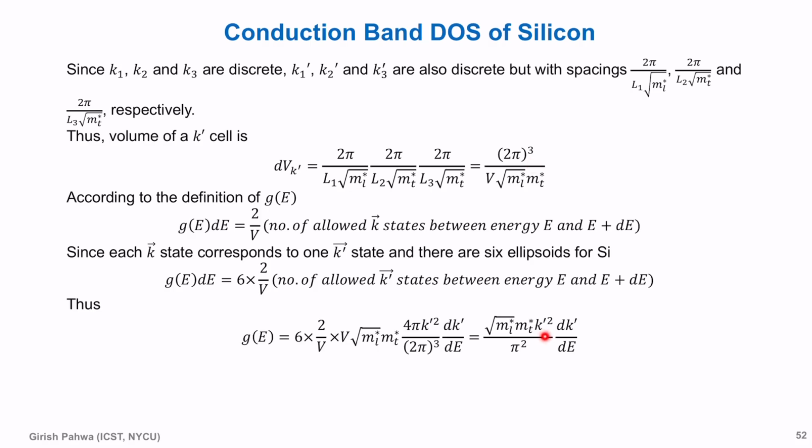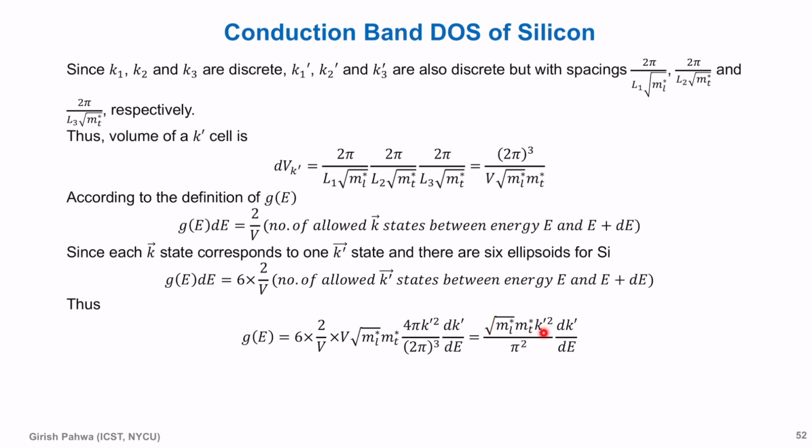So you have 4π k'² dk', which is the volume of the shell, divided by this (2π)^3 by V. This goes in the numerator, the V will cancel, and you are left with this thing. So the additional factor is this here.